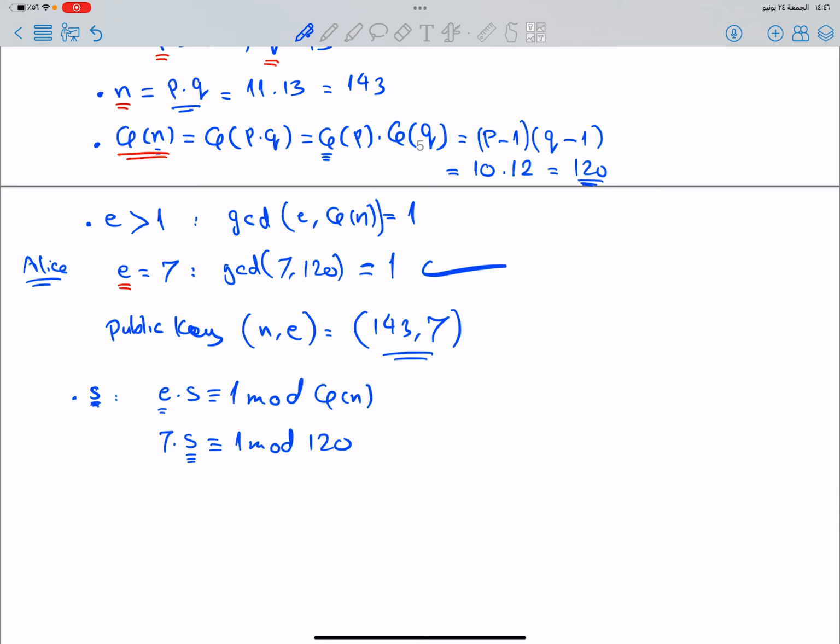Okay, we can do it like this. We have 120 and this is 7. 120 is 7 multiplied with a number.